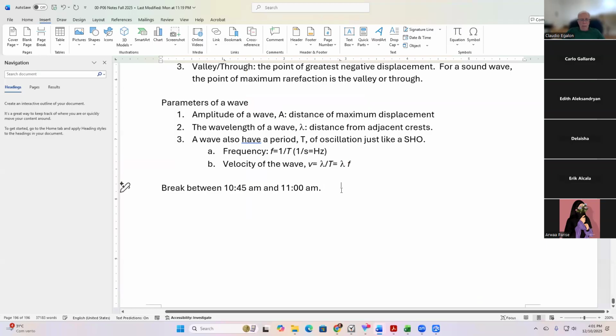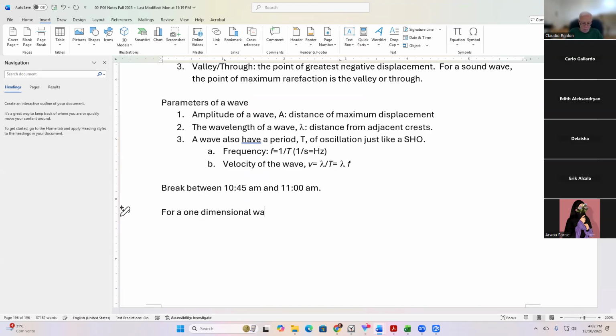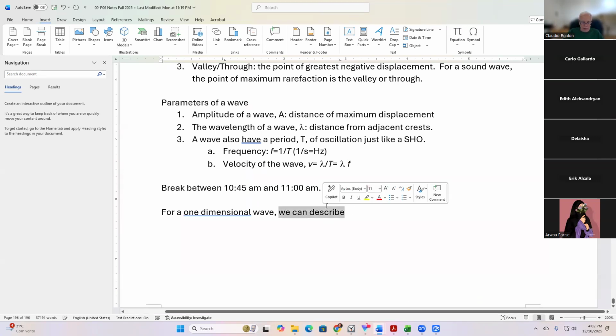Okay, so let me just show what you see right in here for a one-dimensional wave. For a one-dimensional wave, we can describe it mathematically. Let's write that mathematically.